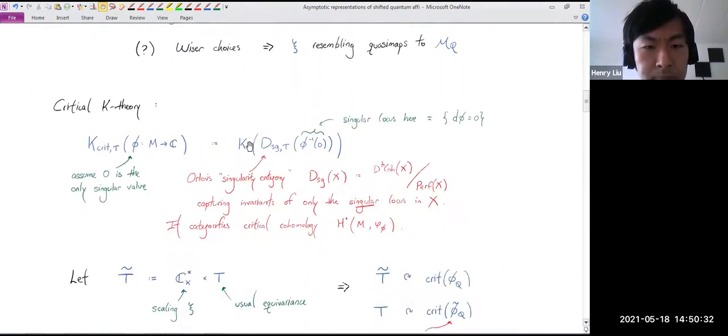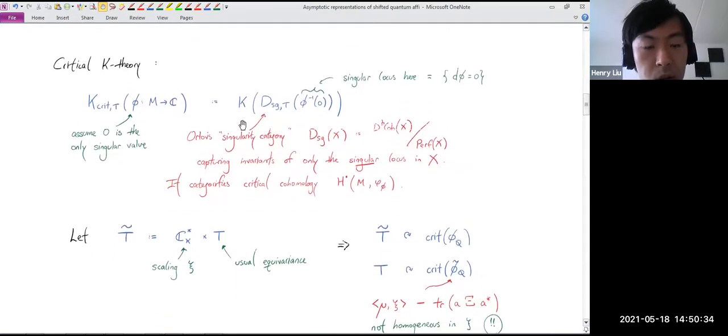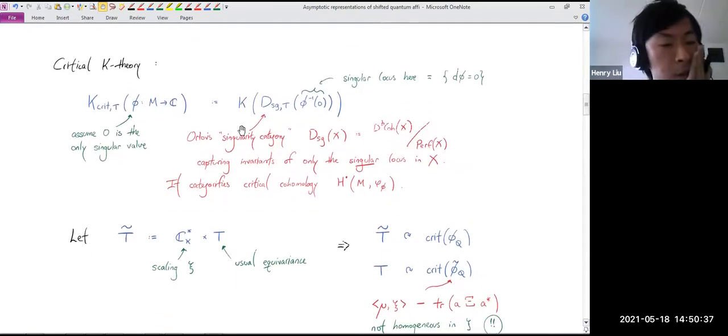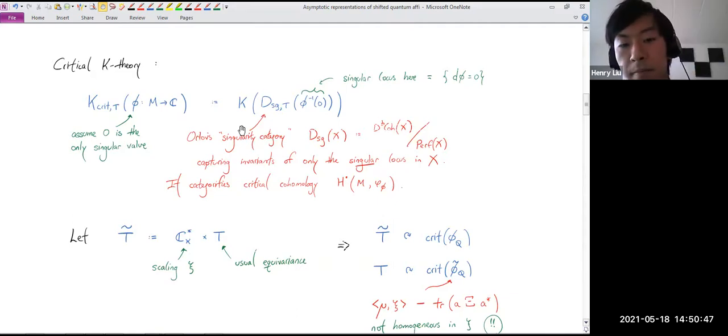Maybe when you pass to the critical K-theory, it's harder to say what happens. I'm not super sure. That's certainly an interesting point, and I think it's worth looking into.